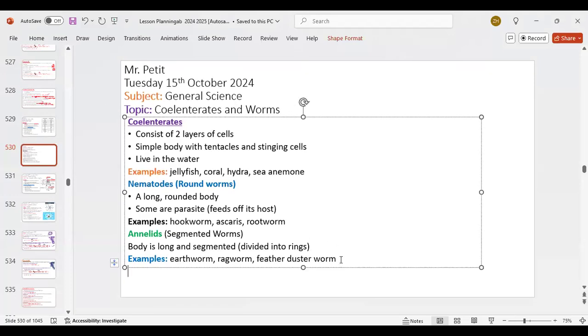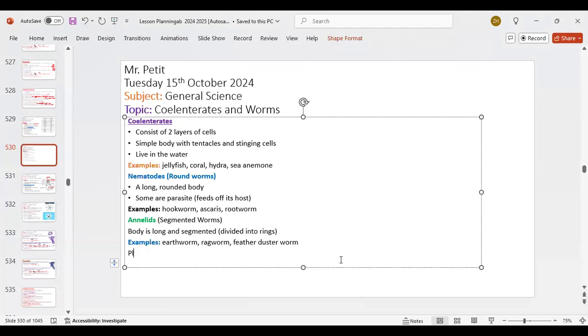Okay, so now flatworms. Platyhelminthes. Can anyone pronounce this?